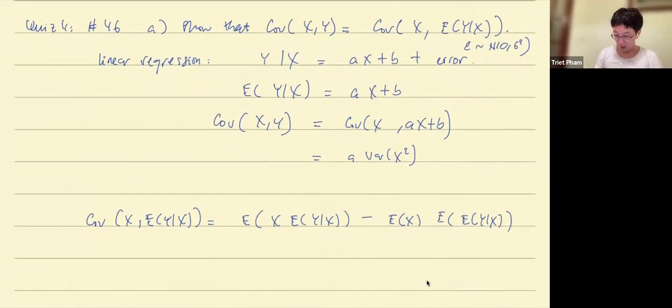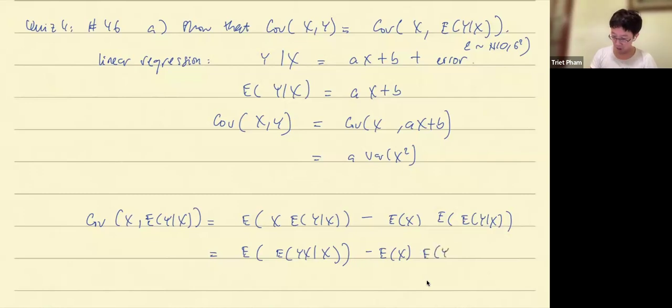Now, notice that X is a constant here because X is fixed. Therefore, you can move the X inside here, X being a constant with respect to conditional expectation. And then notice this is just a double expectation.